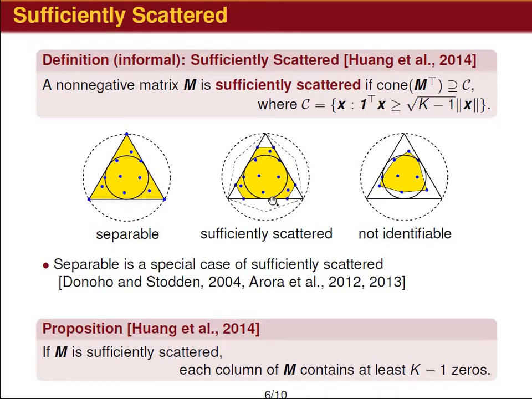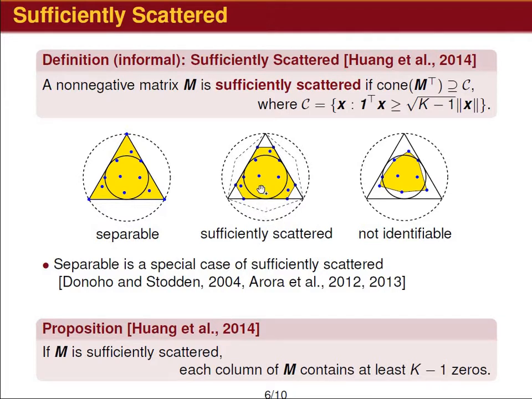Some of you may be familiar with the so-called separability assumption, which says that the rows of M should contain the coordinate vectors. We can easily see that this is a special case of sufficiently scattered, because if the points are at the edges, then of course the conic hull is a superset of this circle.